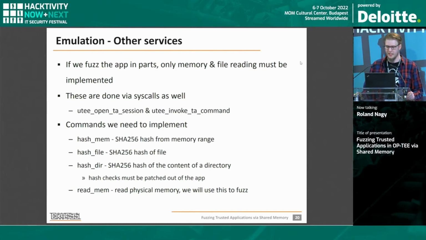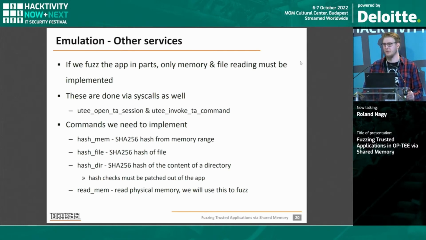So we had to implement 4 commands. 3 of them are to produce hashes, which didn't really require much attention because we need to patch these hash checks out of our application anyway.